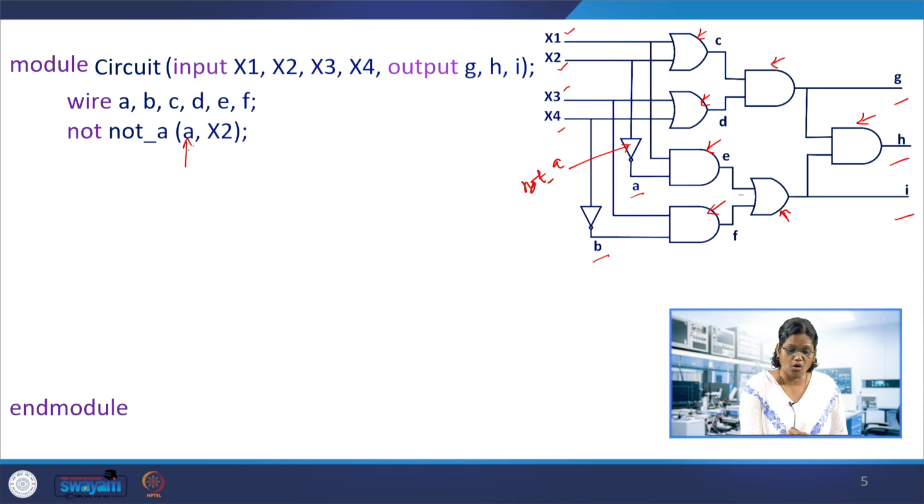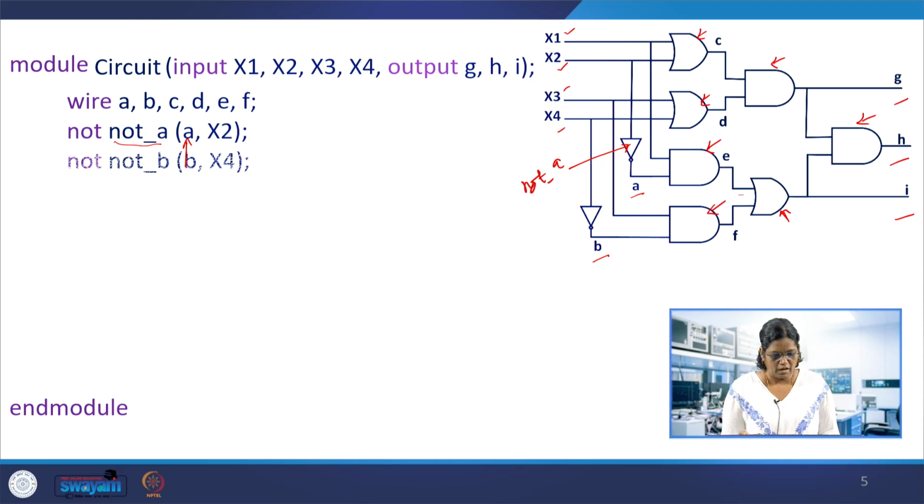A is the output and x2 is the input, and not_A is the instance name, which is our choice. It can be gate1 or g1 or g2 or anything. So that is optional. The second NOT gate is similarly called not_B. The output is B over here and the input is x4, so it's instantiated in output and input order.